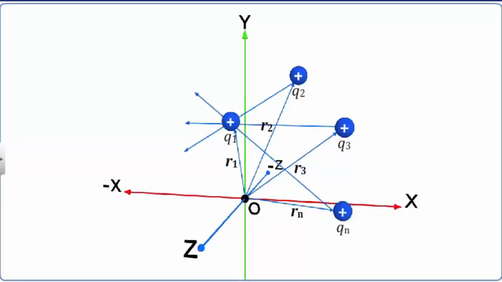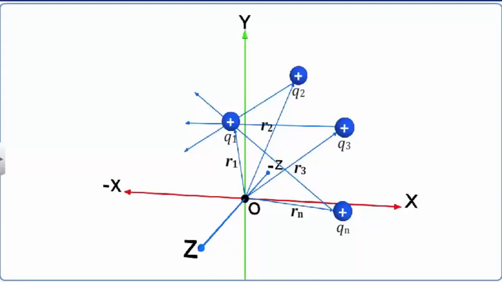Then, the net electrostatic force on that charge is equal to the vector sum of the individual electrostatic forces on that charge due to every other charge of the system of charges. The individual forces are unaffected by the presence of other charges in the configuration.